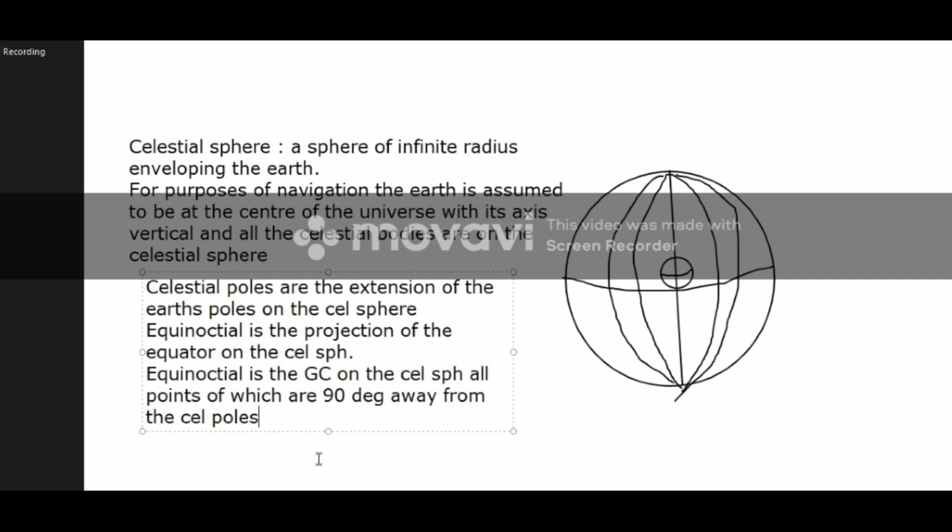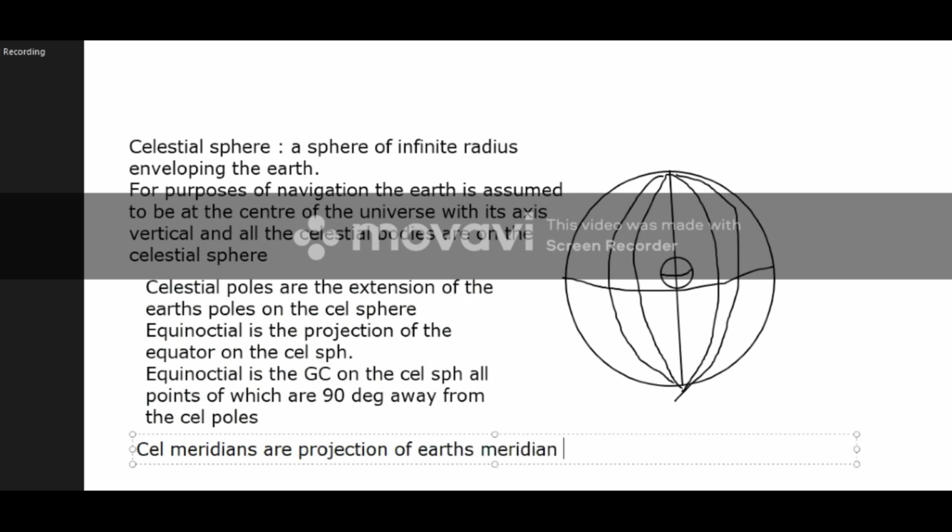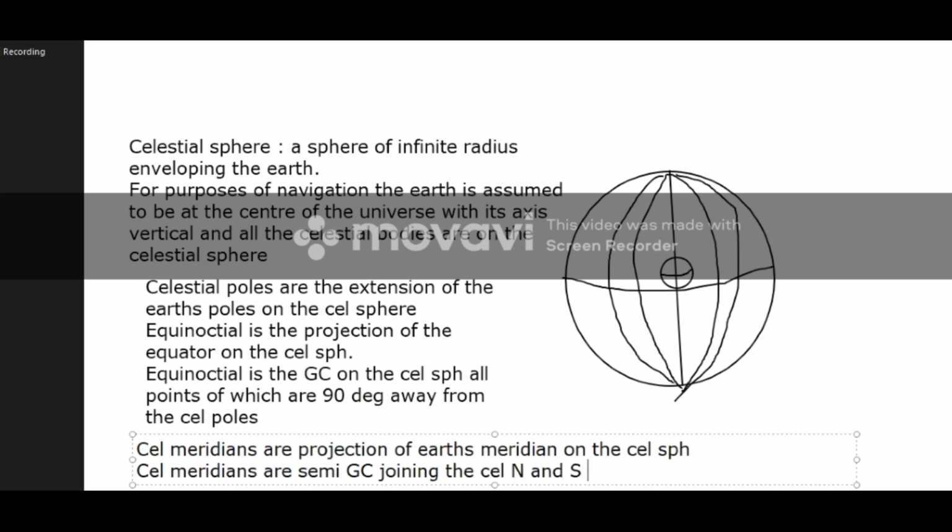Now we can also say that celestial meridians are the projection of Earth's meridians on the celestial sphere, or we can say celestial meridians are semi-great circles joining the celestial north and south pole.